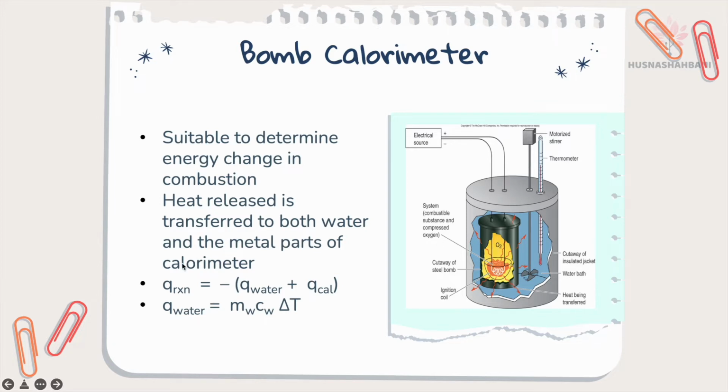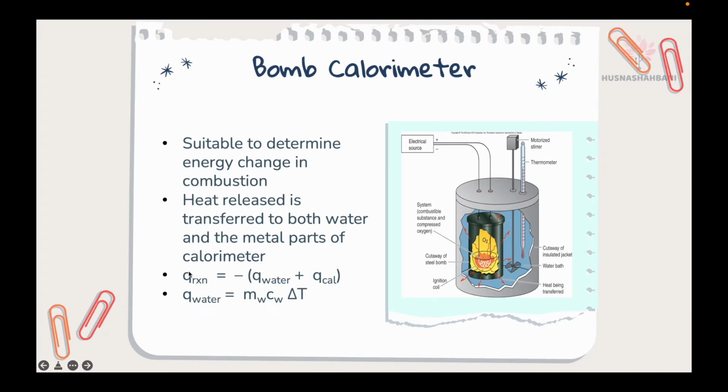to both. The amount of heat released from the reaction is equal to negative, meaning heat release, Q water plus Q calorimeter. Q water is equal to mass of water times specific heat capacity of water times the temperature change.